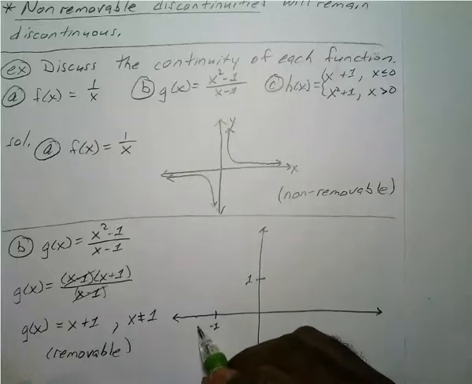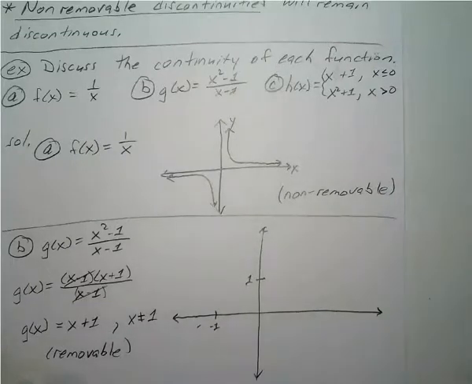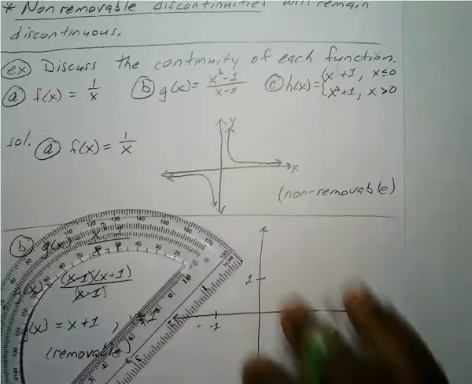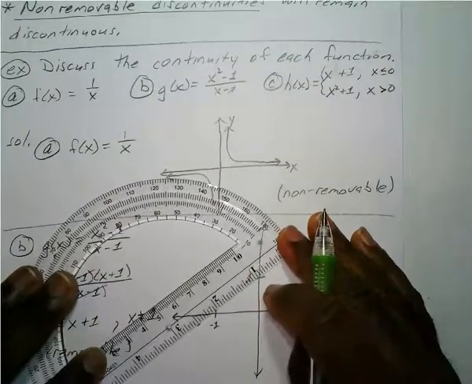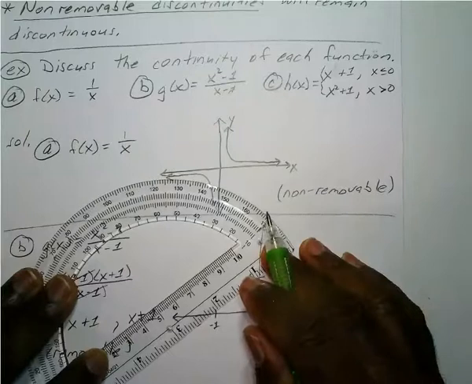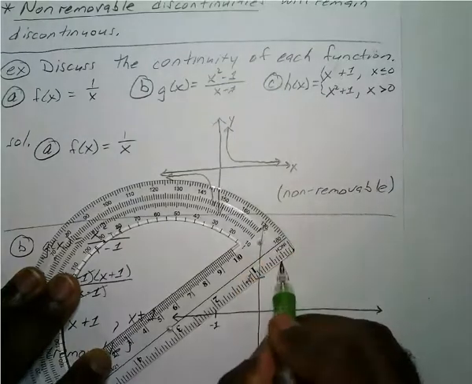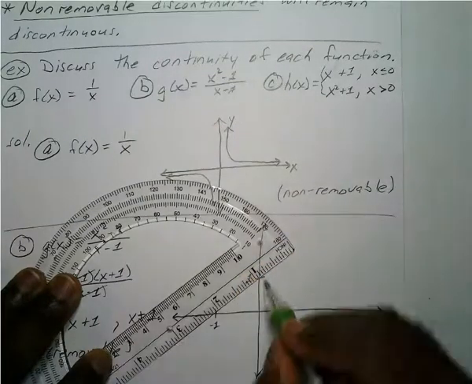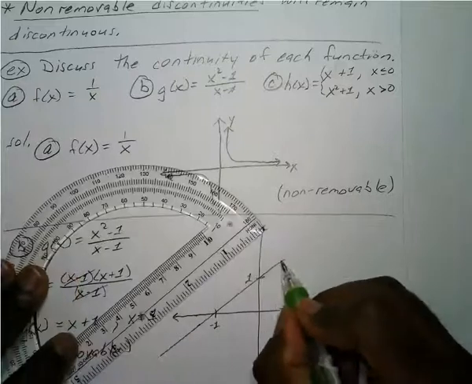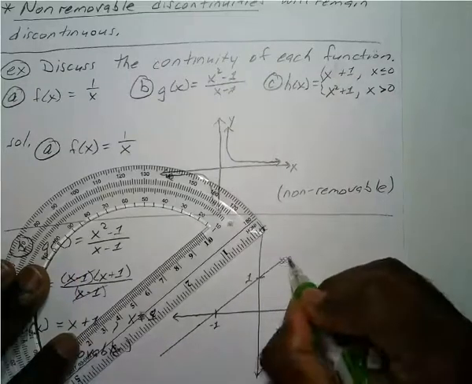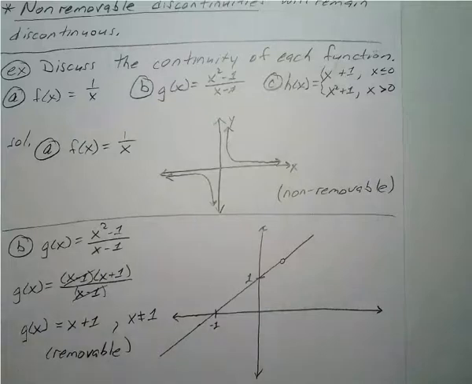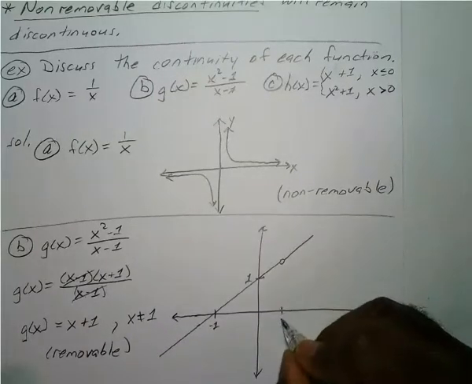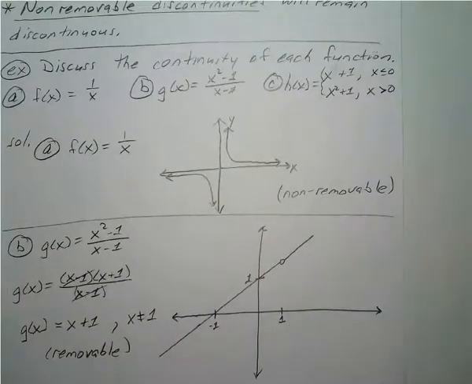This graph will look, you kind of make sure it's a straight line here, and this is over our 1 value.